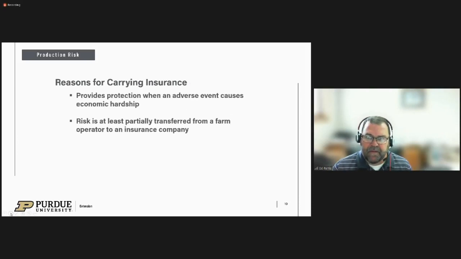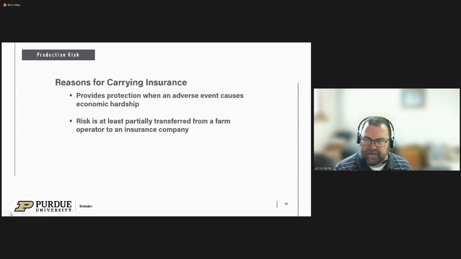So moving ahead to thinking about reasons for carrying insurance, why would you want to do this? Obviously, people know that when an adverse event occurs, there needs to be some type of protection there, or it can cause severe economic hardship if there isn't anything to back up.